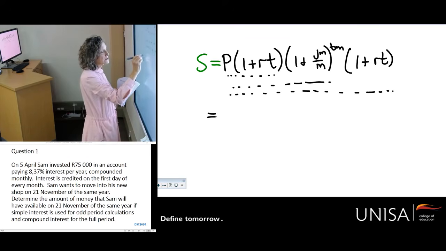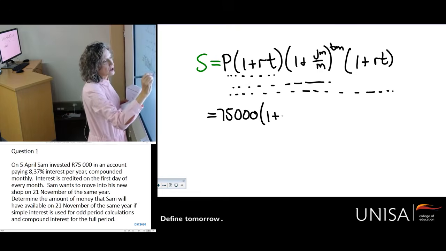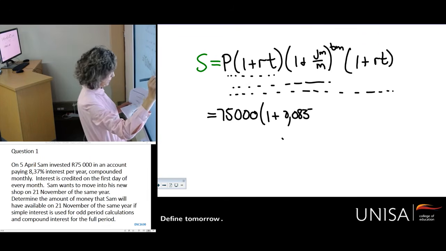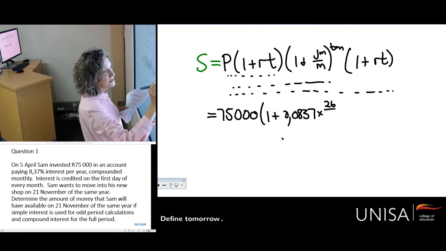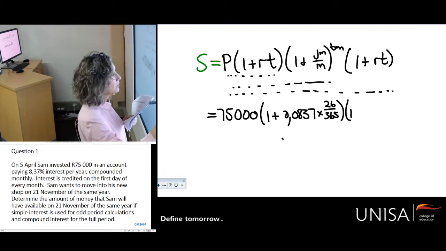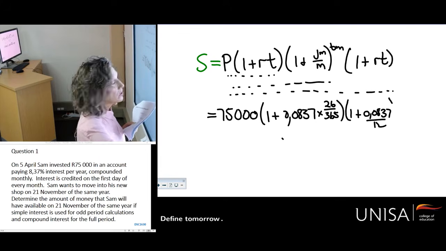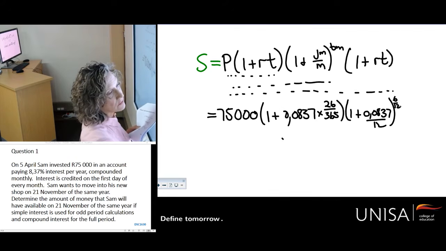So you would write 75,000 times (1 plus 0.0837 times 26 days), and then times (1 plus 0.0837 divided by 12) to the power of 6 over 12 times 12, which just gives you 6 as well.